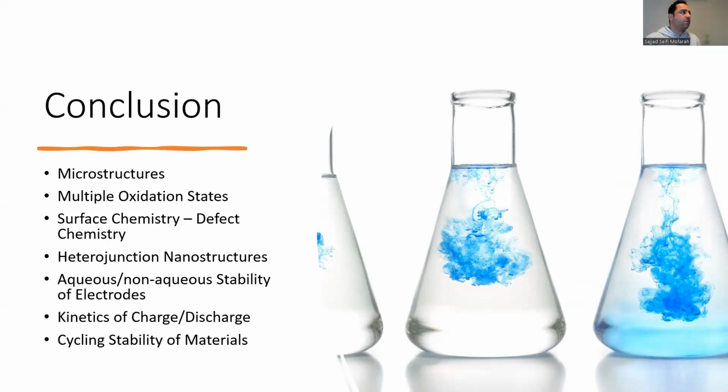If you have 2D materials, or 3D materials, all of these count when you want to design your material for pseudocapacitance applications. The higher the exposed surface area you can get, the more likely you are to get higher capacitance.